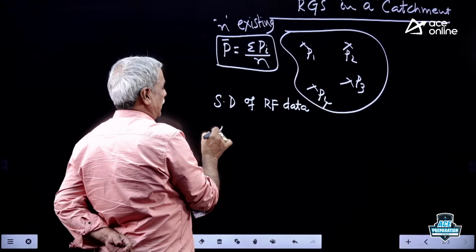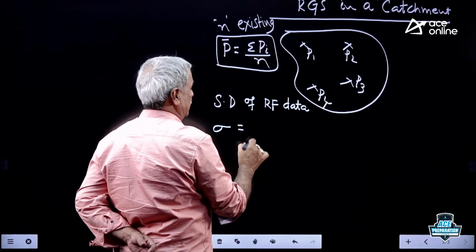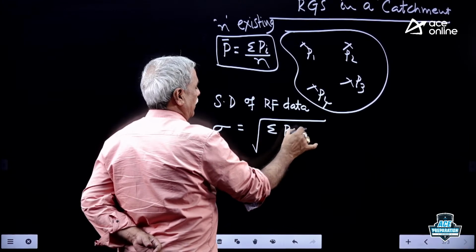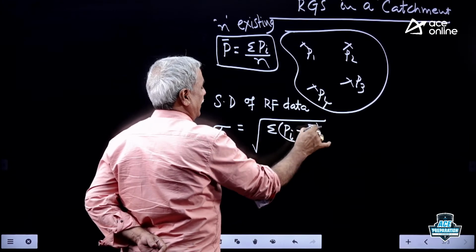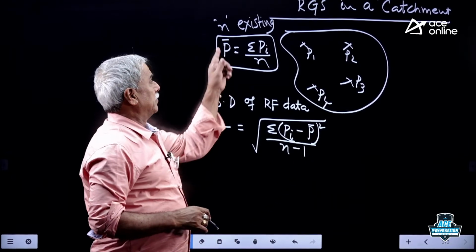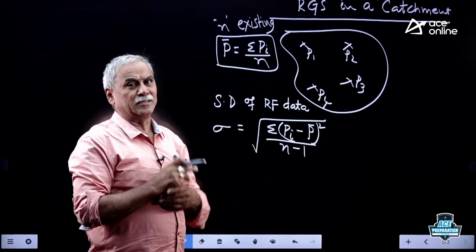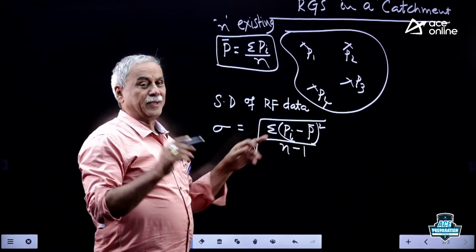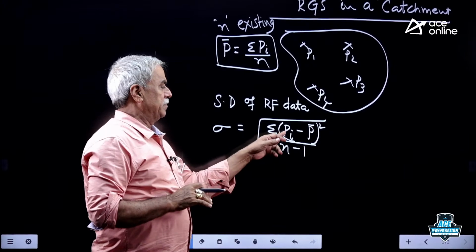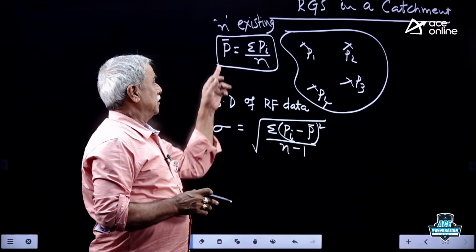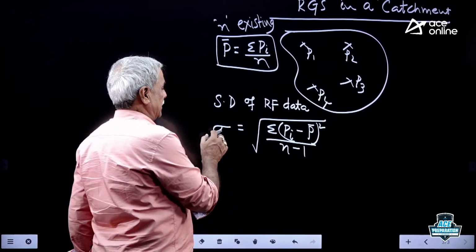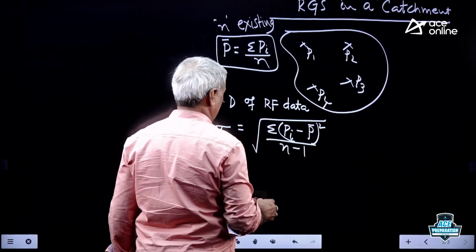Standard deviation sigma is equal to the square root of the sum of (Pi minus P bar) whole square divided by n minus 1. n is the number of rain gauge stations already existing. P1, P2, P3 are the mean annual rainfalls of the respective rain gauge stations. P bar, just now we have calculated, is the average of the annual rainfalls. Then the sigma value is the standard deviation.